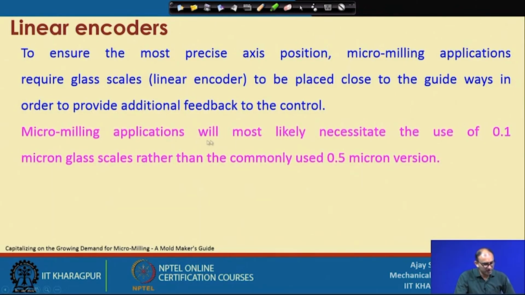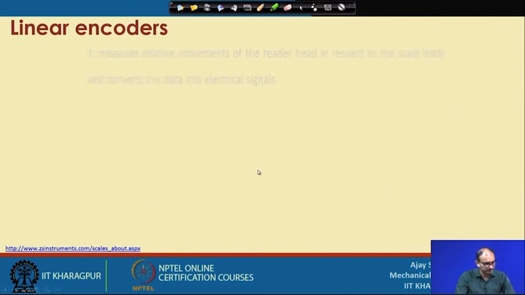See, micromilling mostly necessitates the use of a 0.1 micron glass scale rather than the commonly used 0.5 micron version, because if you are using a linear drive, then your system itself has a very high resolution. So, it is better to go with 0.1 micron, because with 0.5 micron you are not actually getting all the benefits of your very costly system. So, better to go with the 0.1 micron.